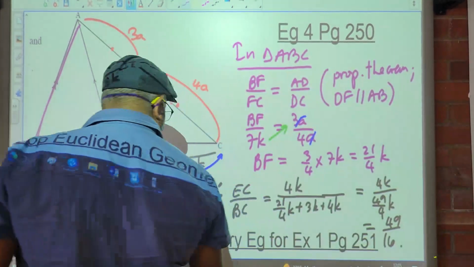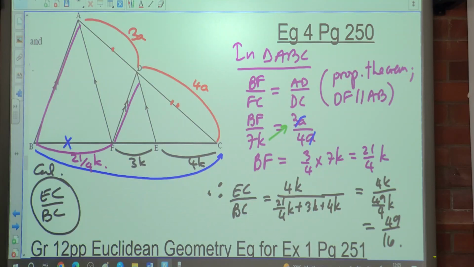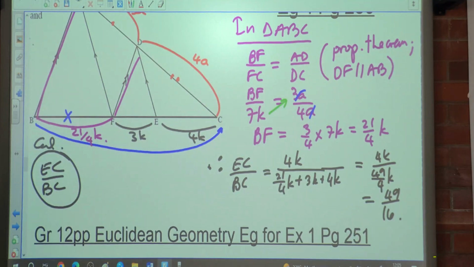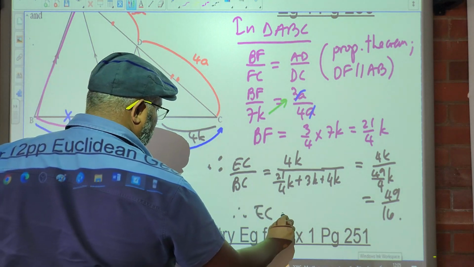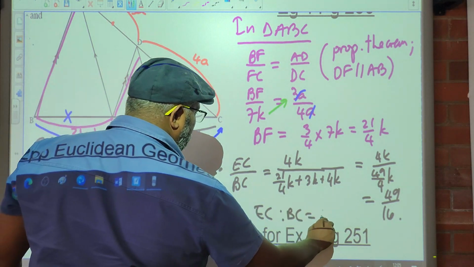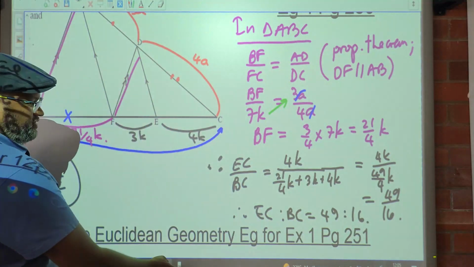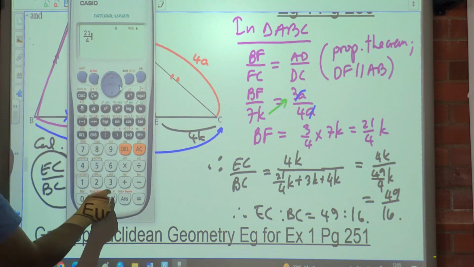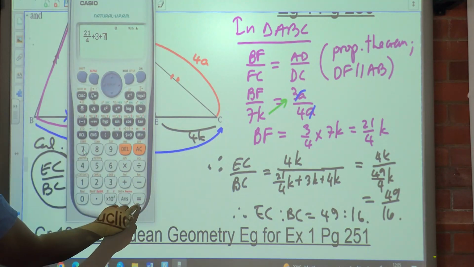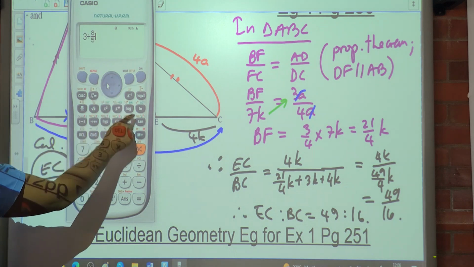Do they want it in ratio form or in fraction form? They want it in ratio form. So what do I then say? Therefore, EC is to BC as 49 is to 16. And of course you can test it. Maybe I calculated wrong. 21 over 4 plus 3 plus 4.